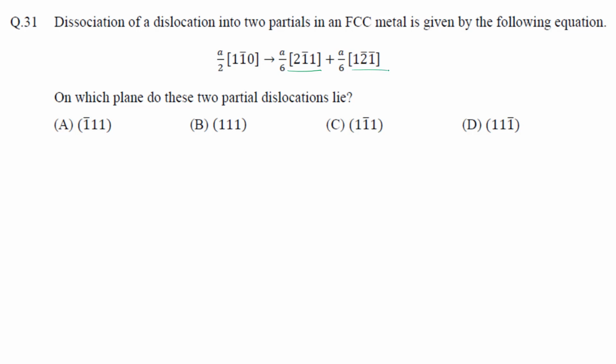On which plane do these two partial dislocations lie? So it is asking about these two partial dislocations, on which plane do they lie? What is the condition to lie on a plane? The condition is that the dot product of the direction with the normal direction of the plane will be 0. Fine.